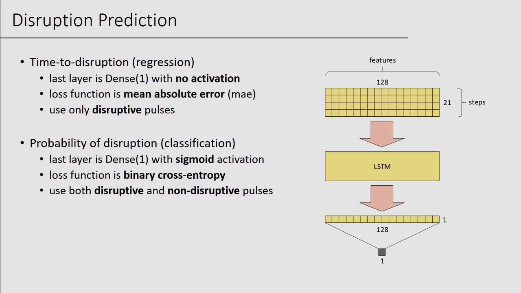Thing is, if we are predicting time to disruption, we need to have disruptions, and only disruptions, right? Because when there is no disruption, we cannot use that for training. If we are trying to predict the probability of disruption, we are classifying, right? Is this experiment disruptive or not? And then we can use all the data.